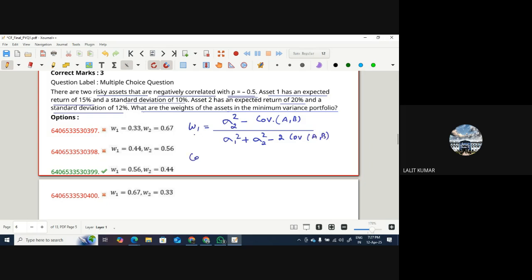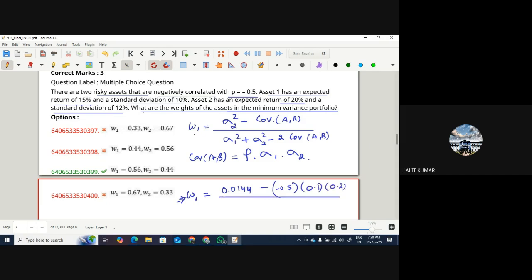And covariance of AB is nothing but the correlation coefficient times sigma 1 times sigma 2. So put all these values here. Sigma 2 is 12%, so sigma 2 square becomes 0.0144, minus covariance, which is minus 0.5 into 0.1 into 0.12.